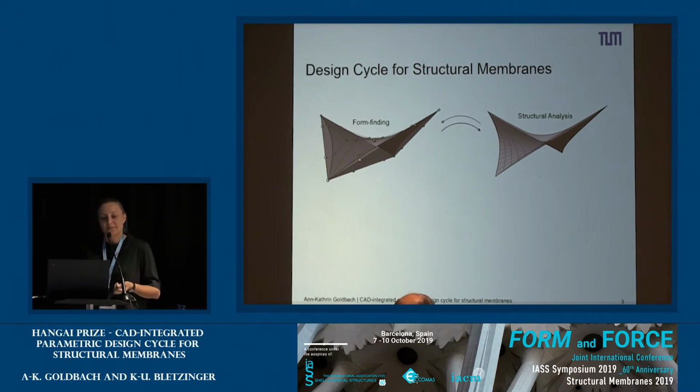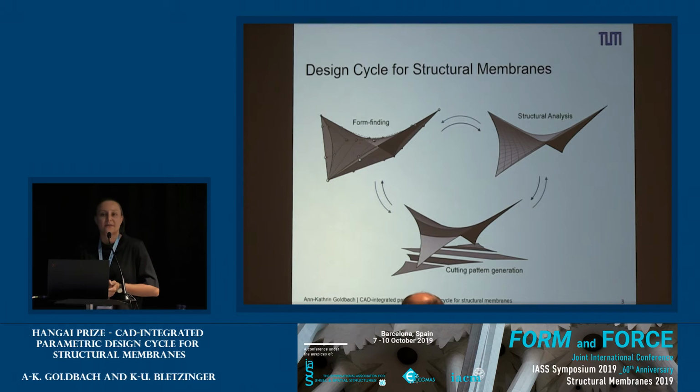Then the third step would be cutting pattern generation. If we're happy with the shape that we found in the form finding procedure, and we know from structural analysis this will withstand external loading, we need to make sure that we can actually manufacture the membrane structure.